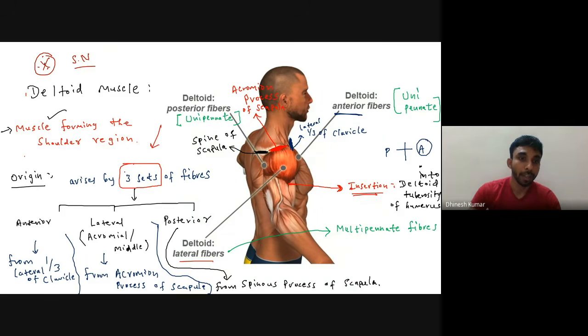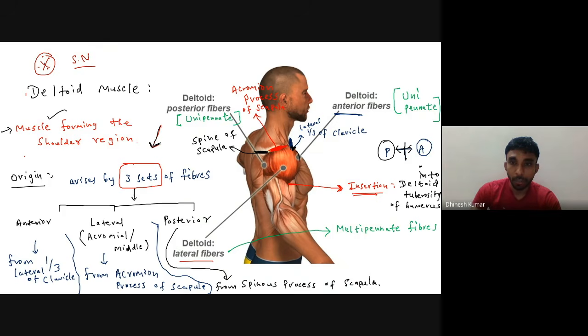So as you see in this diagram, the origin of deltoid muscle is by three sets of fibers. What are they? Anterior fibers. In this diagram you will know the orientation, which is anterior posterior. Right now I am marking the anterior fibers of deltoid.